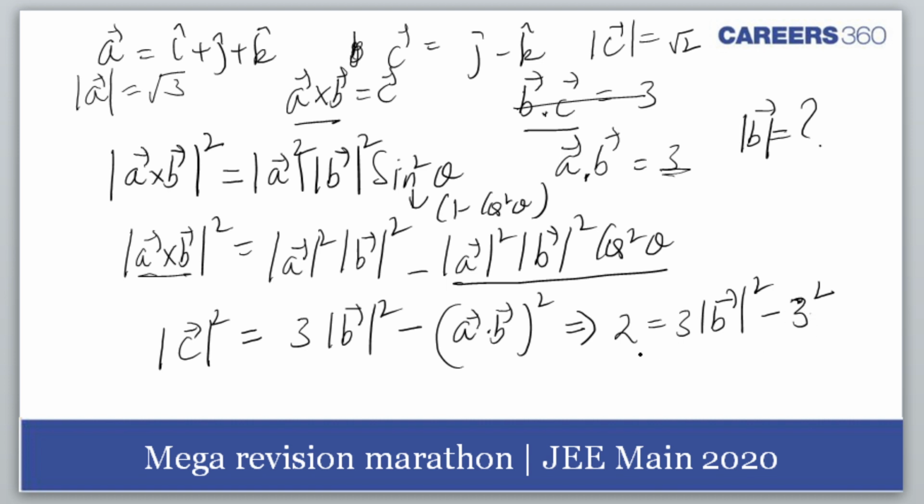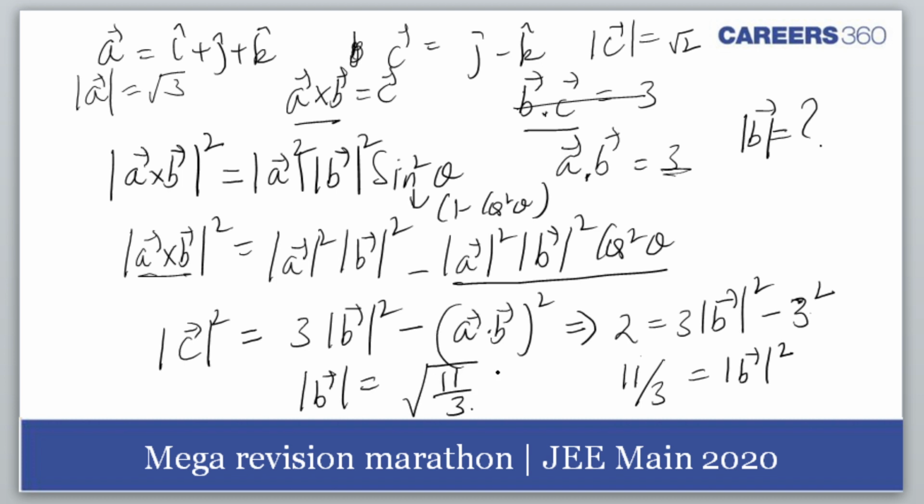So 9 plus 2, 11. 11 by 3, that is mod B square. Something wrong in it? No, it's right only. So what is mod B? That was being asked from me. That is under root of 11 by 3. Is it okay, students? Yes. So under root 11 by 3 is mod B. That is our answer.